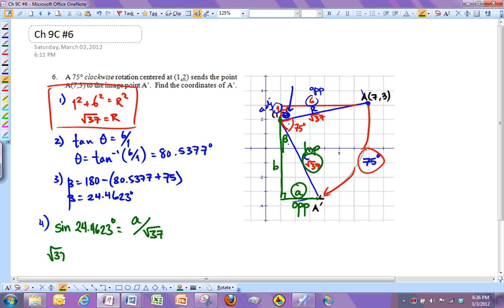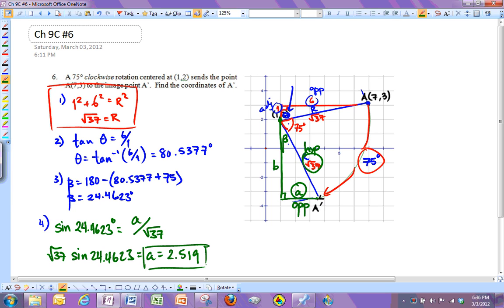When I multiply over the root 37, I get A, which is root 37 times sine 24.4623, 2.519. So that's A.